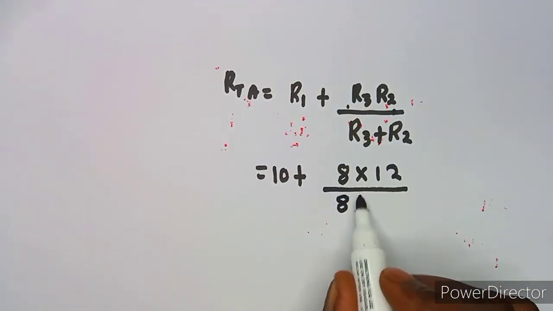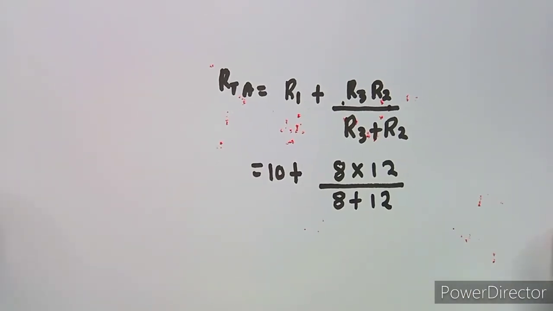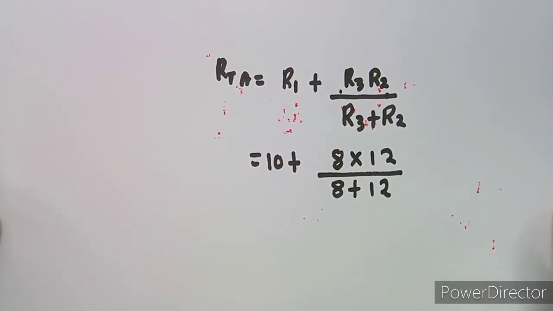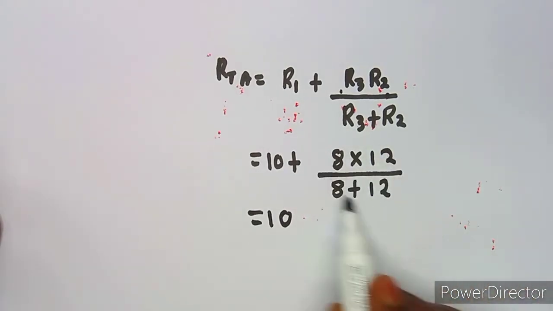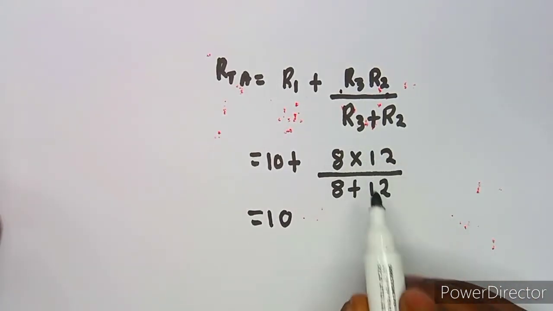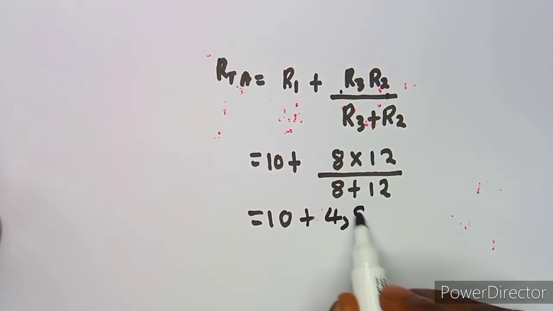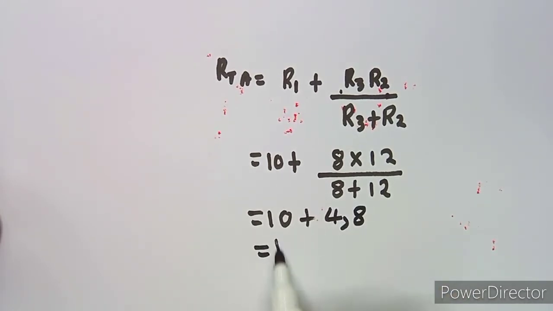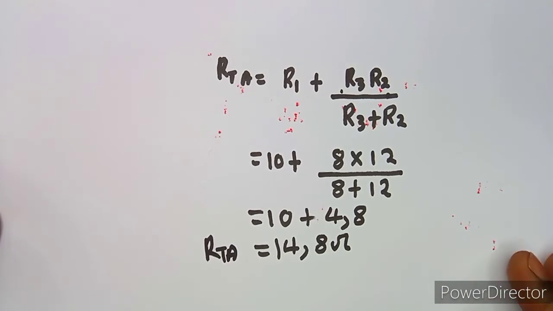Now, as you can see, this is a combination that is actually taking place here, where you can just use a calculator, you multiply. This is going to give you something like 4,8 from your calculator. So if you add, this is going to give you 14,8 ohms, which is the total resistance of the circuit.